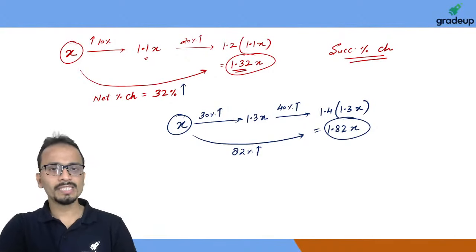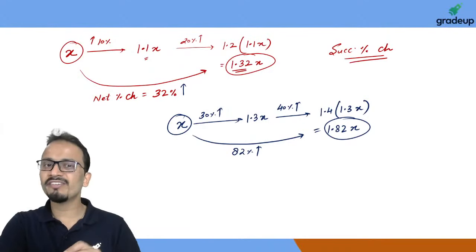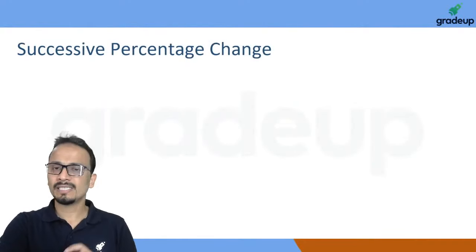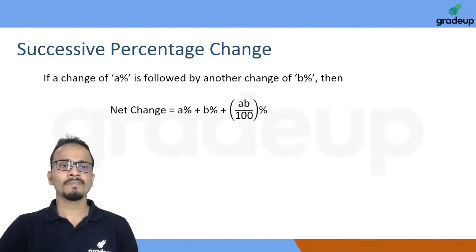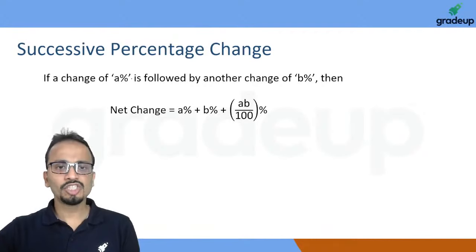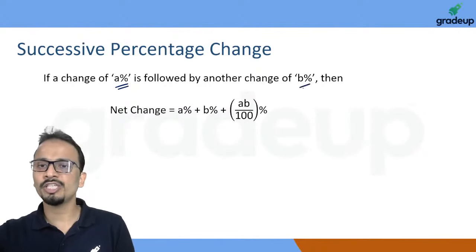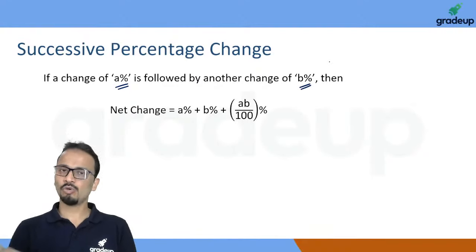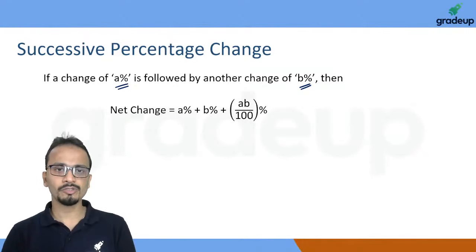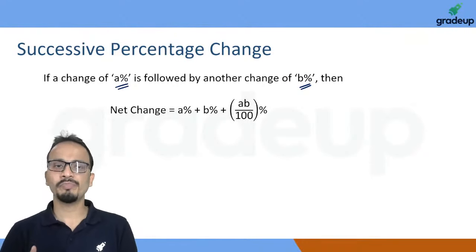So let us look at a direct formula which can be used to reduce the efforts we are putting in. Let's look at the change formula. If a change of A% is followed by another change of B%, the first change is A% and the second change is B%.